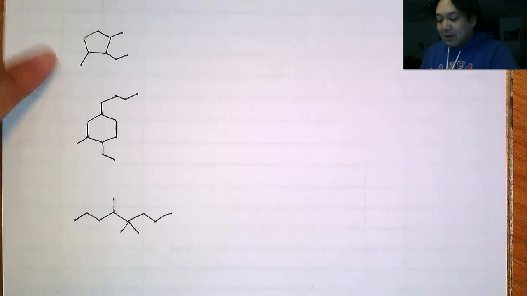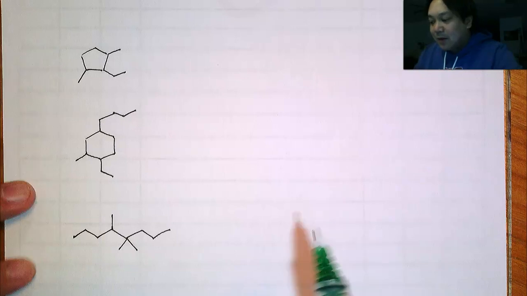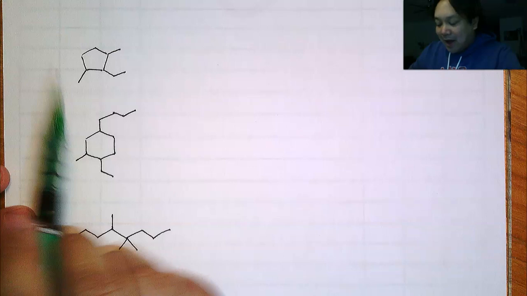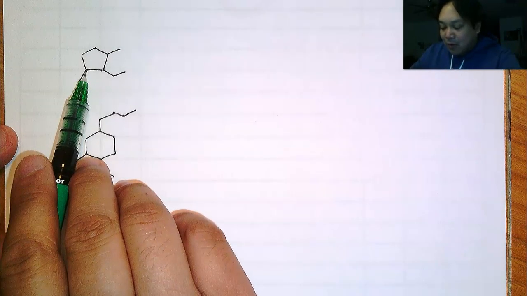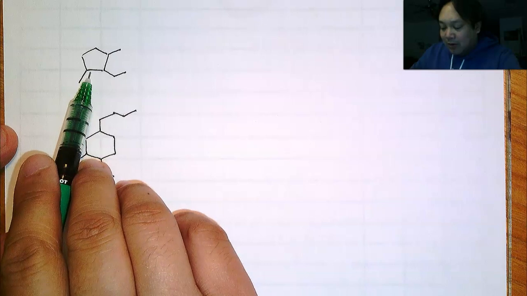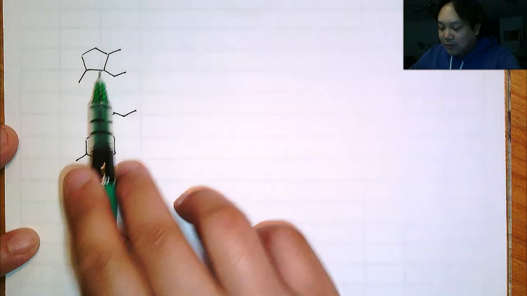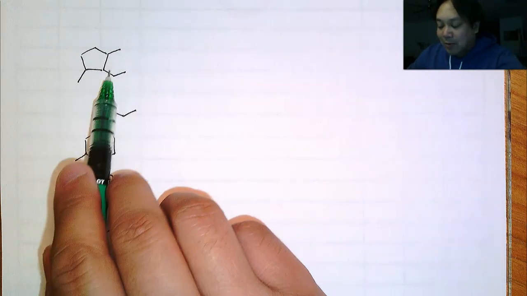Okay, this one here, the substituents are going to be at 1, 2, and 3. Honestly, it doesn't matter whether you count 1 here and go counterclockwise, or go the other way, because either way, carbon number 1 is a methyl group.